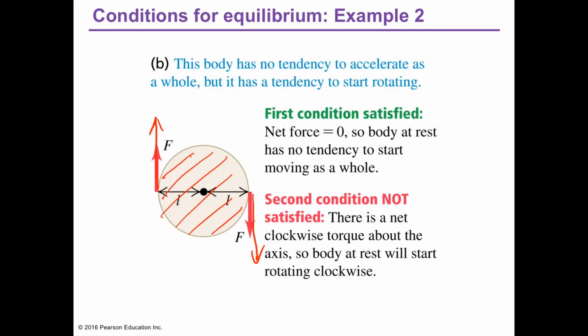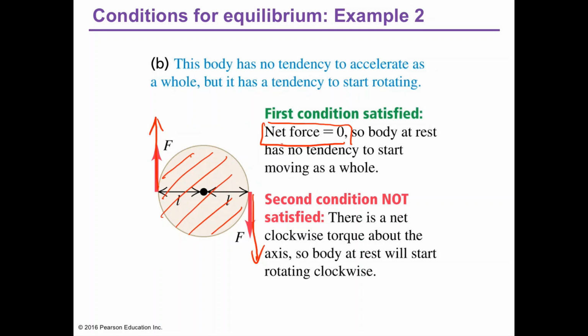The two forces have the same magnitude, except that the directions they point to are opposite. So in this case, the net force is exactly zero because the two forces cancel out.